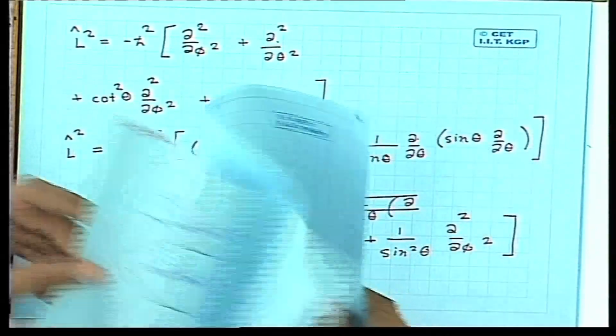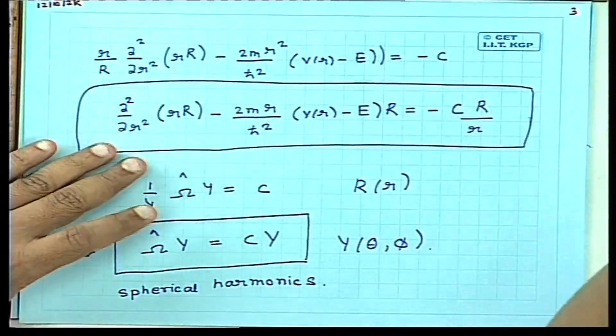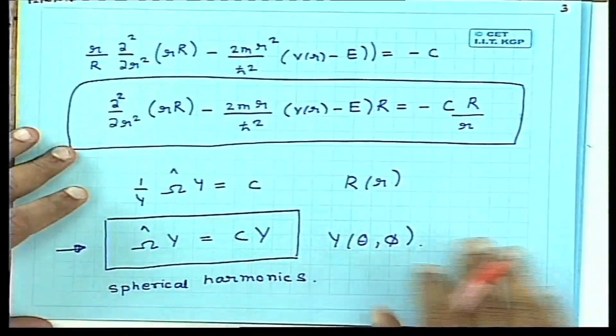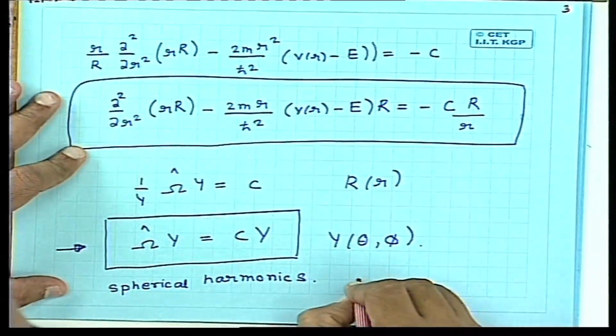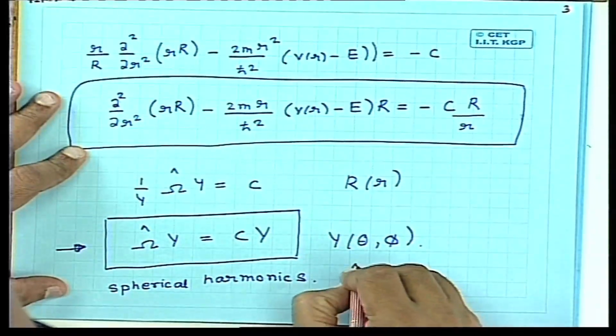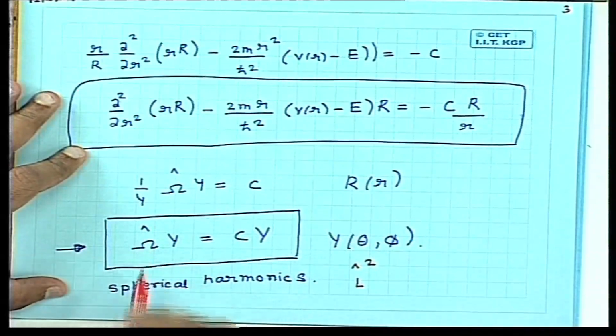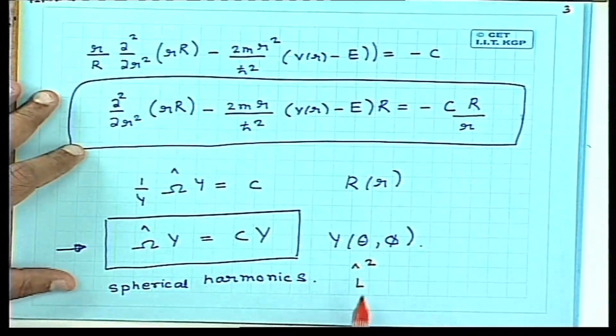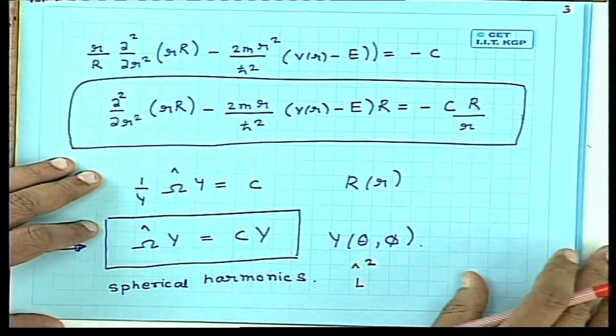So, solving the Schrodinger equation for a particle in a spherical potential then reduces to solving this equation: omega is L square by minus h cross square.